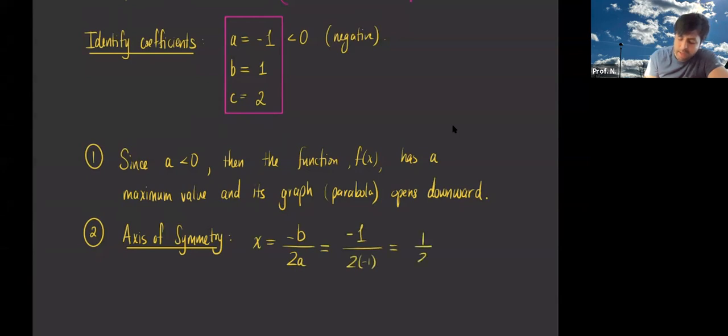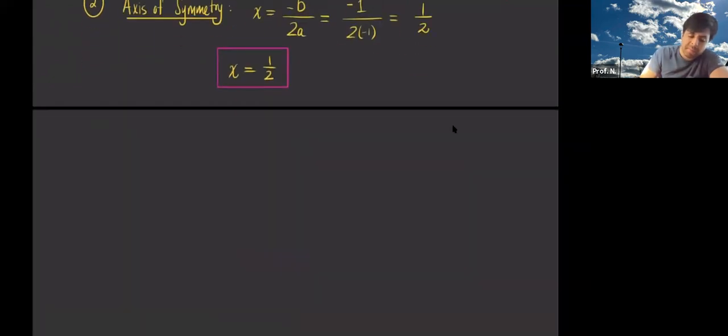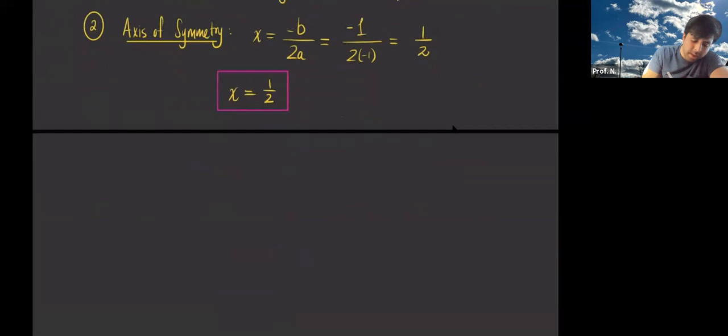And what do I get? I get x equals 1/2. So the vertical line x equals 1/2 divides the parabola in half and goes through the vertex. And we'll come back to that.